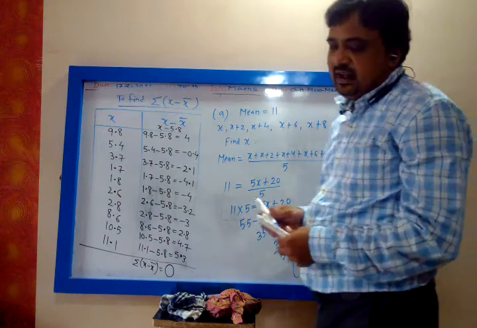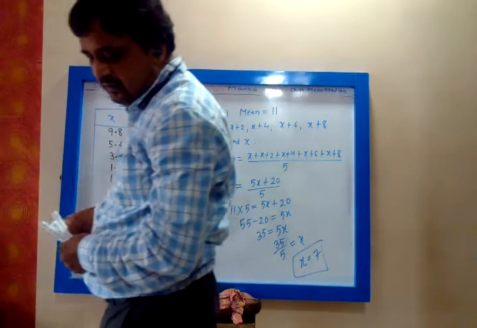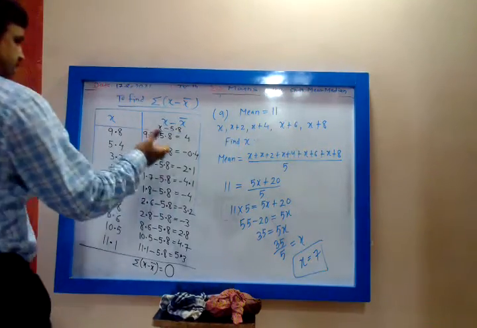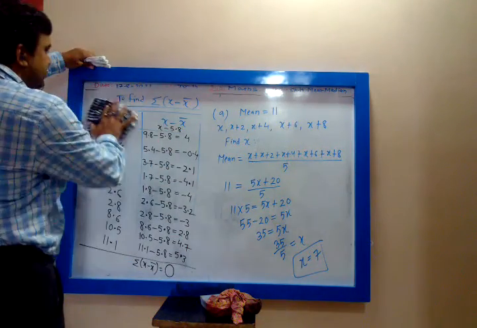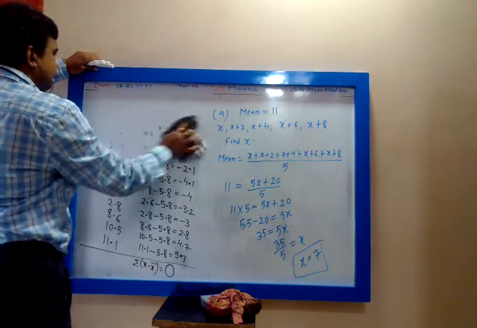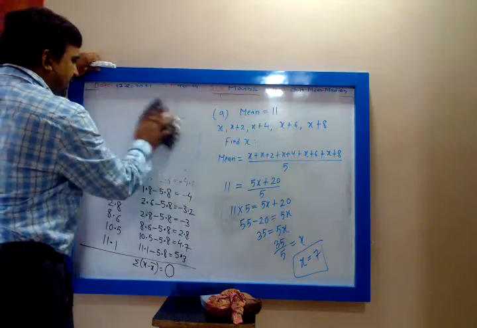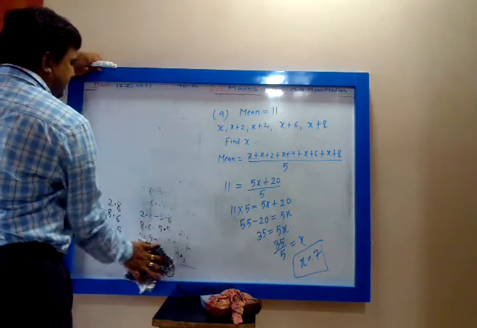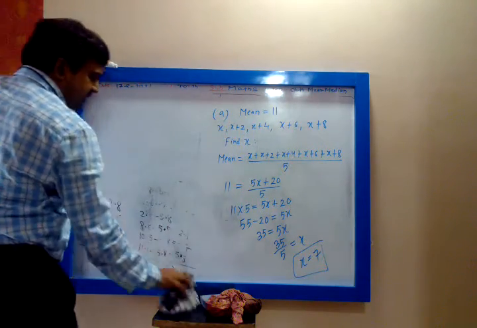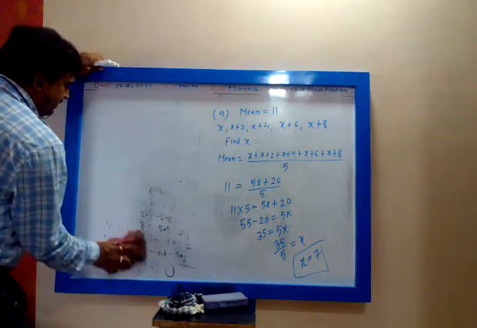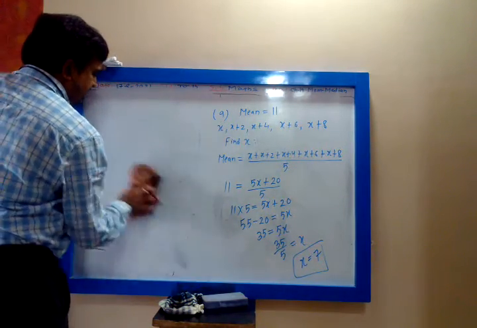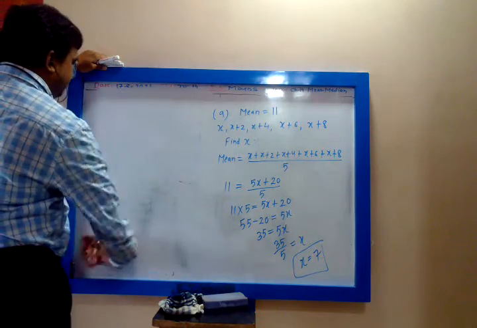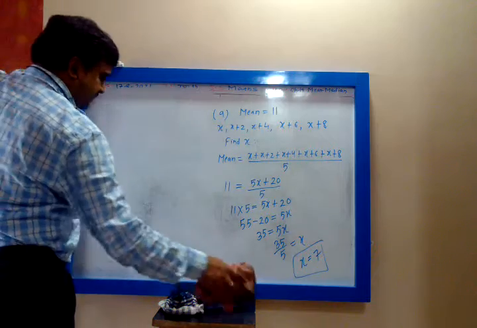Now the second part, it is asked to find the mean value of the first three observations. After finding x, you find the first three observations, and after finding them, you have to find the mean value of that. So first you put the value of x.